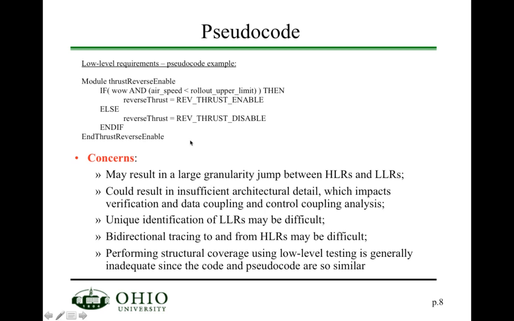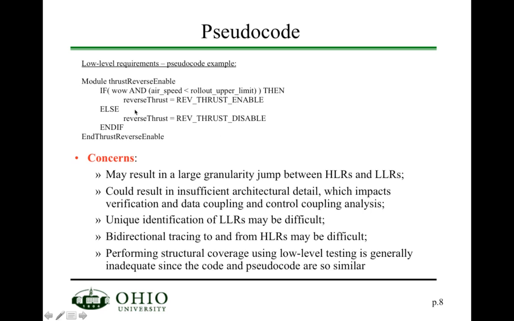One thing is that if you use pseudocode for the low-level requirements, that may result in a really large granularity jump. For example, if the high-level requirements are very much textual and you immediately go from this very textual requirements to pseudocode, there may be too much of a jump in abstraction between the high-level requirements and low-level requirements.